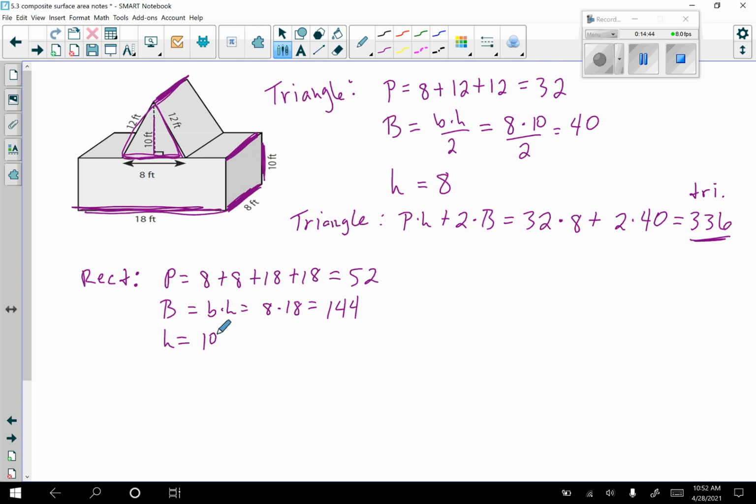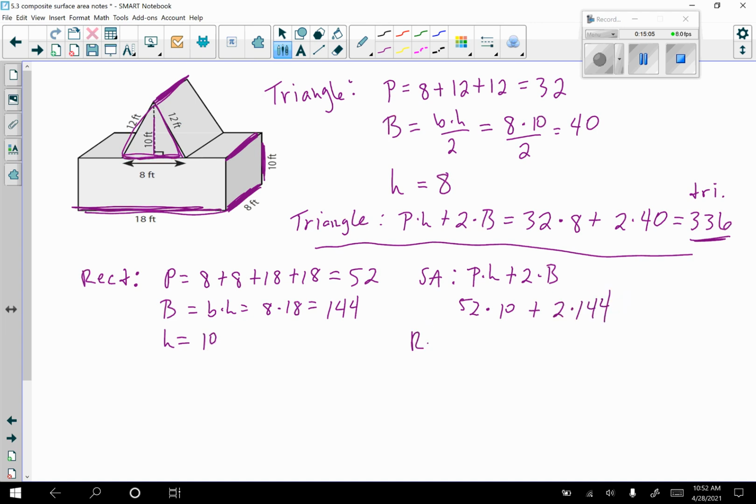So now for the rectangular prism, the surface area is perimeter times the height plus 2 times the area of the base. So our perimeter is 52, our height is 10, and then 2 times 144.